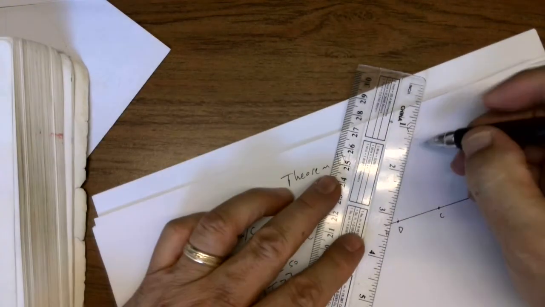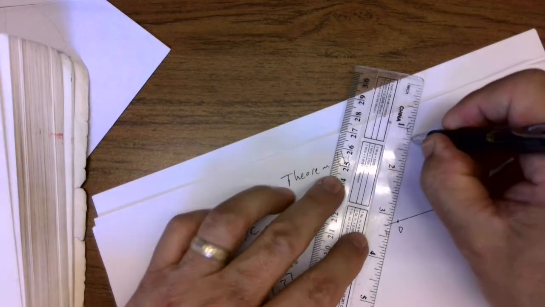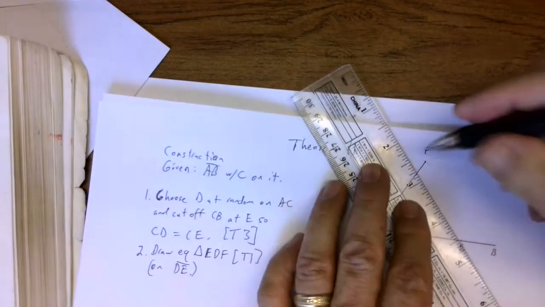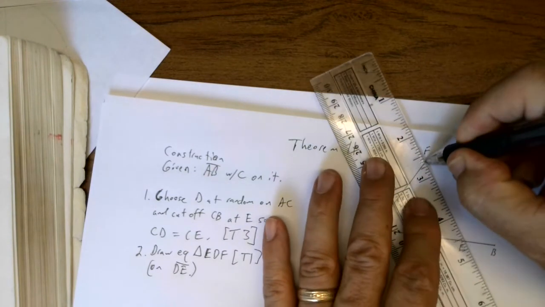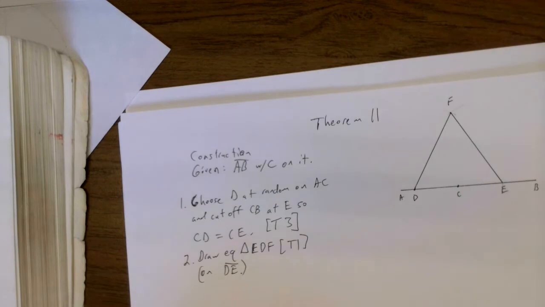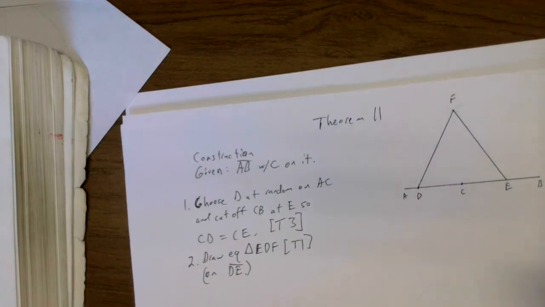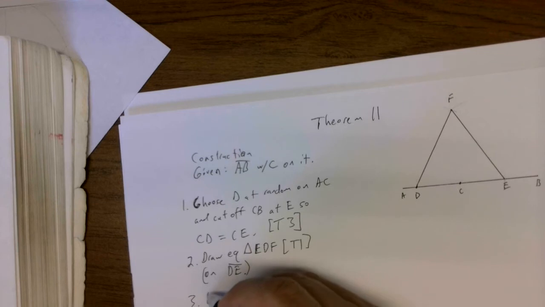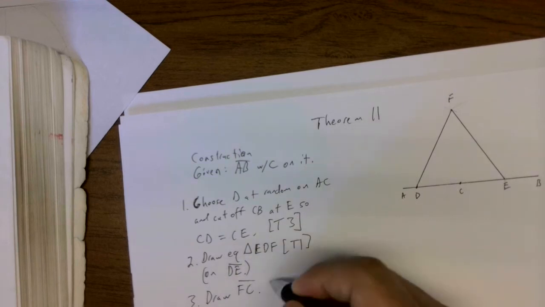And it's part of the construction to draw the lines, so I don't need to say draw FD and draw FE because that's part of theorem 1. We already said in theorem 1 that we're going to use postulate 1 to draw that, so we don't have to repeat it here. So now the only step left is to join the points F and C by postulate 1.